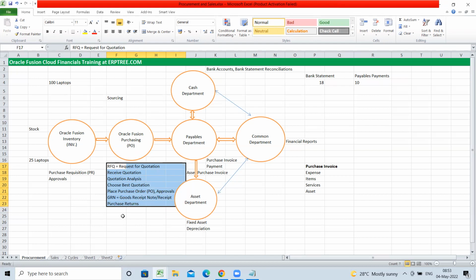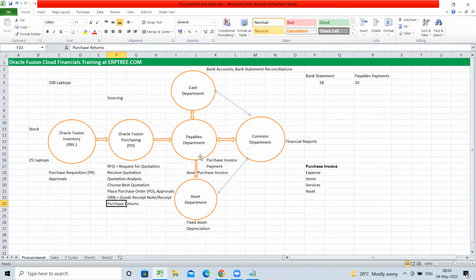But when it comes to applications, the sourcing activities can be handled by the Oracle Fusion Sourcing application, and creating the purchase orders, approvals and all can be handled by the Oracle Fusion Purchasing application. In reality, the GRN (goods receipt note) and purchase returns you will perform within the inventory department only. But as a sequence of activities, you can take these activities in this sequence.